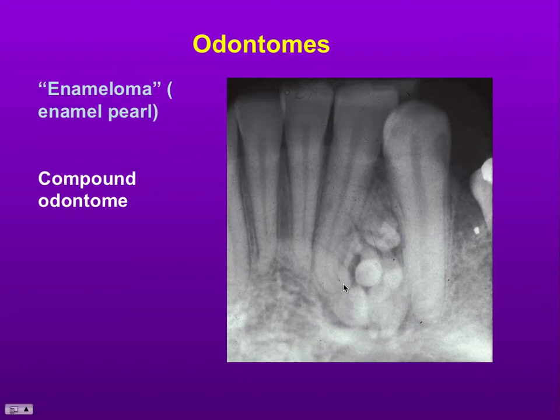Small denticles, each with a crown, a root, enamel, dentine, pulp, but in this little fibrous sac. Totally benign, they stop growing as teeth stop growing, but they will remain there throughout life unless they're removed. They may be a reason for non-eruption of permanent teeth. Remember, the typical site is the anterior parts of the jaws.